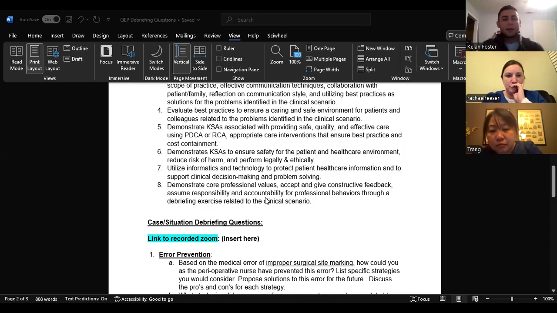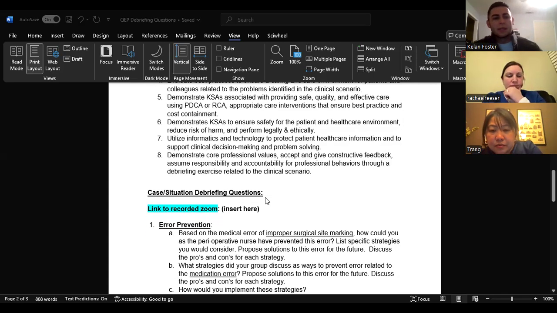Seven: Utilize informatics and technology to protect patient healthcare information and to support clinical decision making and problem solving. Eight: Demonstrate core professional values, accept and give constructive feedback, and assume responsibility and accountability for professional behaviors through a debriefing exercise related to the clinical scenario.